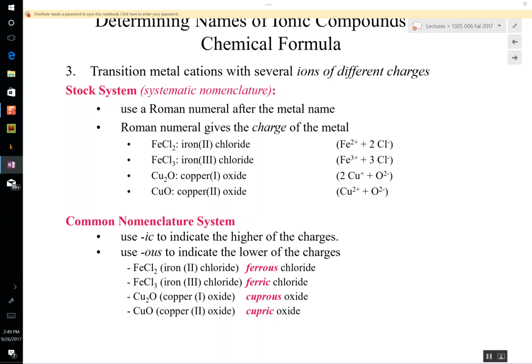Copper is +1, +2, so the lower charge would be called cuprous. Notice that this +2 copper, we're not going to call it cupris like we call the iron 2. We're going to move that one down here because that's the lower copper charge.